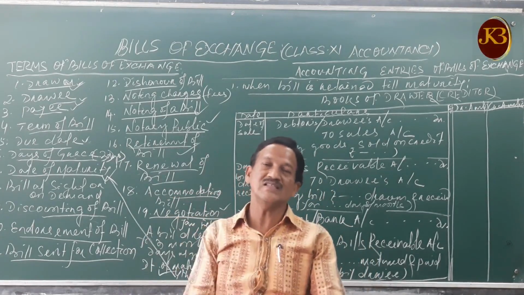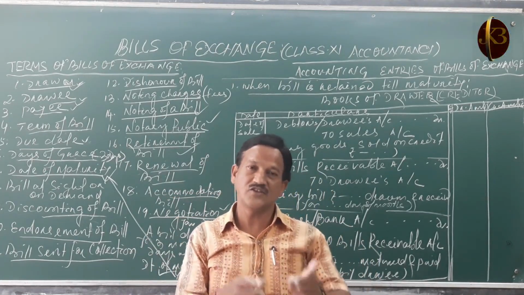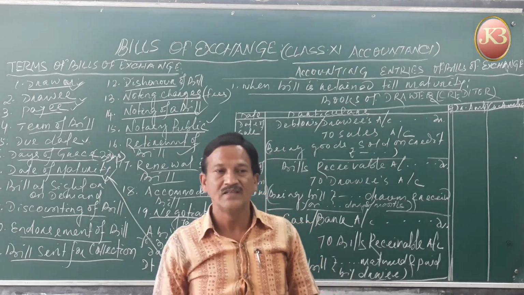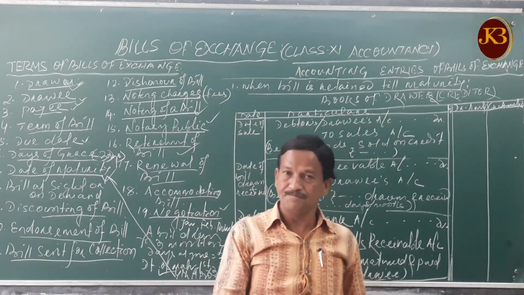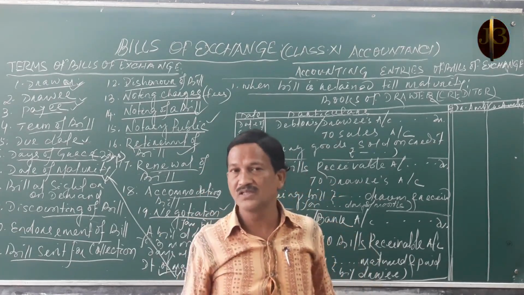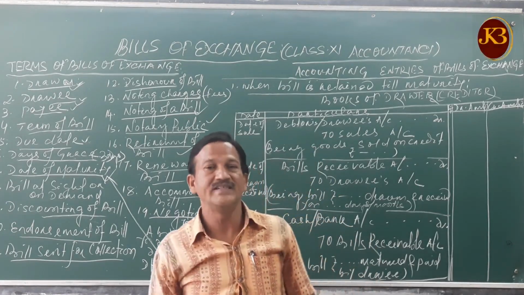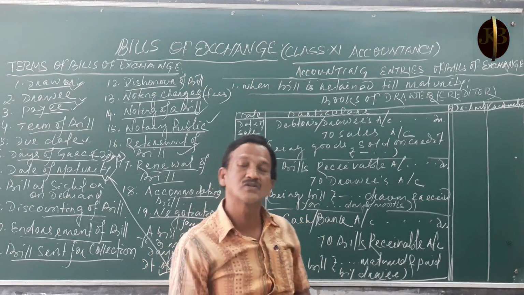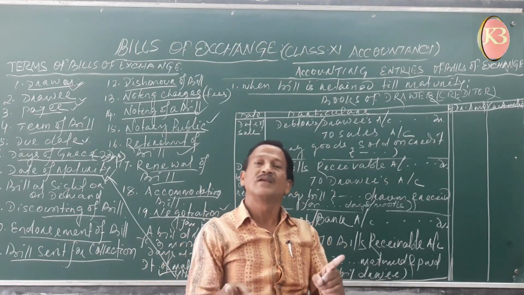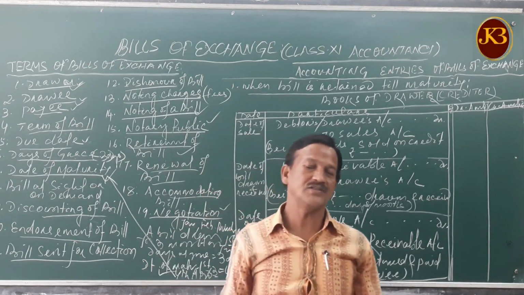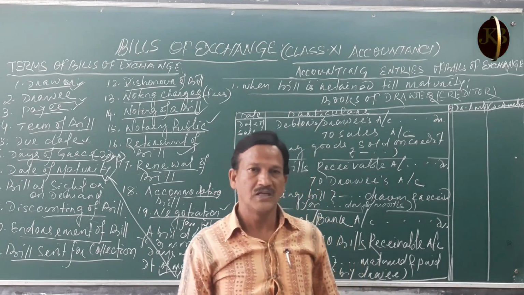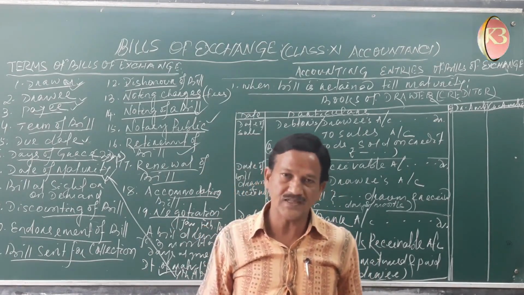So there are two parties, that is drawer and the drawee. Drawer makes the bill just after sale of goods. He makes the bill immediately because he sold goods on credit, for proof of records and for the security of payment.